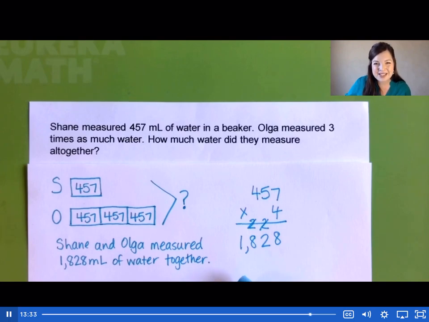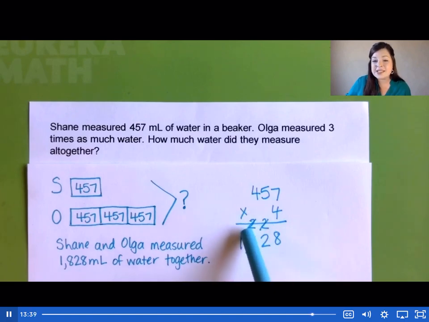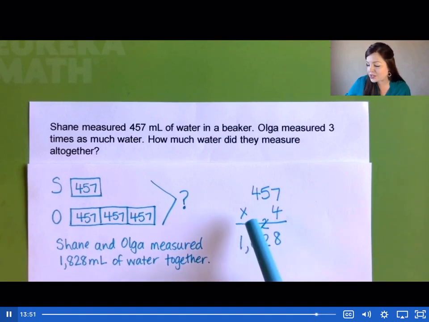Now the hundreds place. 4 times 4 hundreds equals 16 hundreds, plus the 2 hundreds we regrouped from the tens makes 18 hundreds. And since we have no more numbers to multiply, we can just record the 18 hundreds right in the product. And make sure to cross off these 200s because we already added them in. And so that makes our product 1,828.